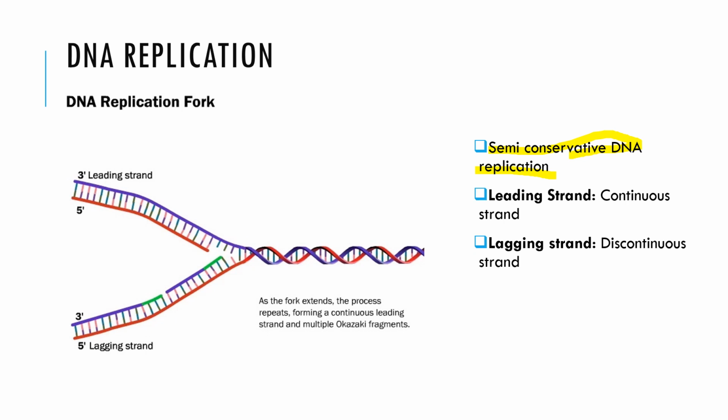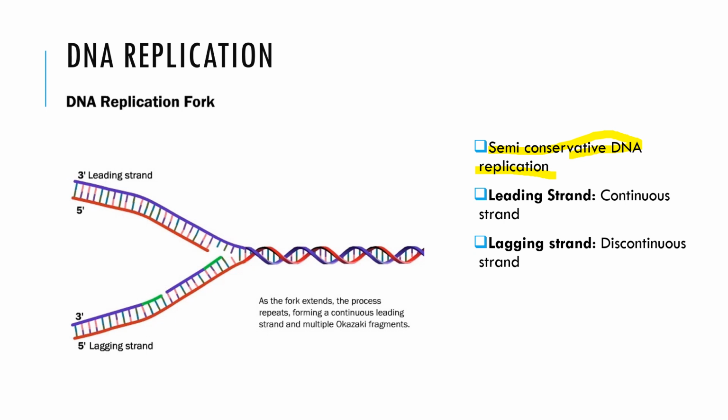Now we know that the process of DNA replication is semi-conservative in nature. Let me tell you again what semi-conservative DNA replication is. In semi-conservative DNA replication, out of two strands, one strand is a parental strand and the other strand is the newly synthesized strand. So one strand is a template, and opposite to that the complementary strand is formed.